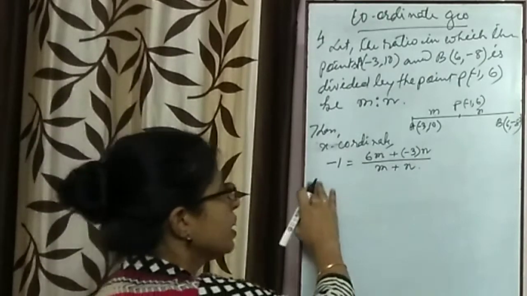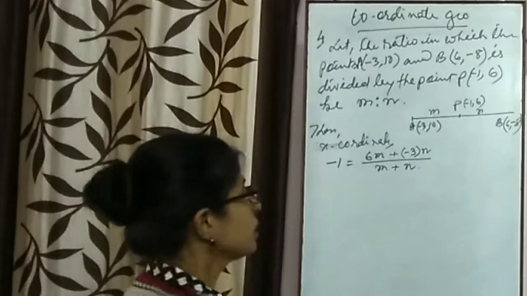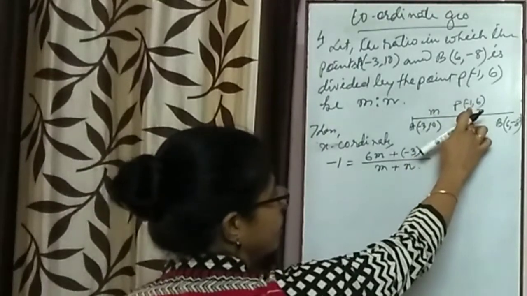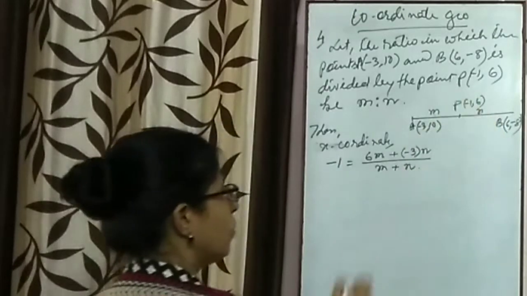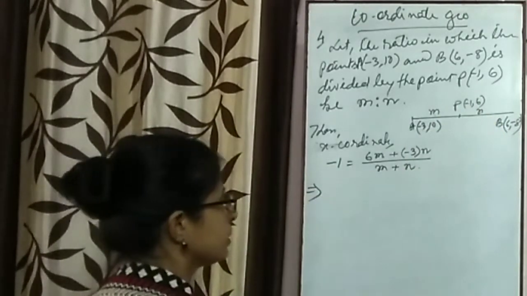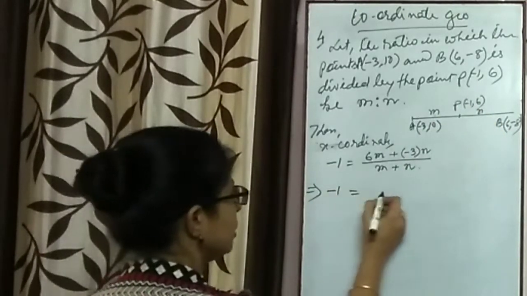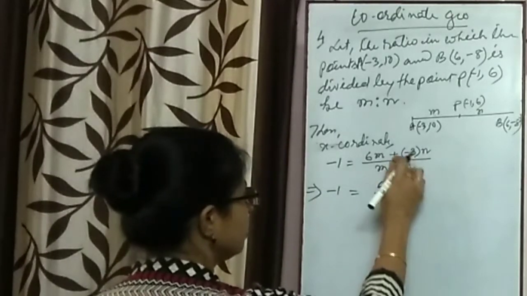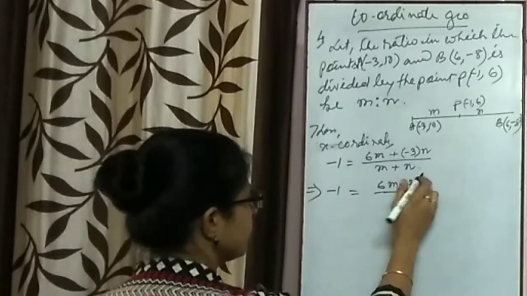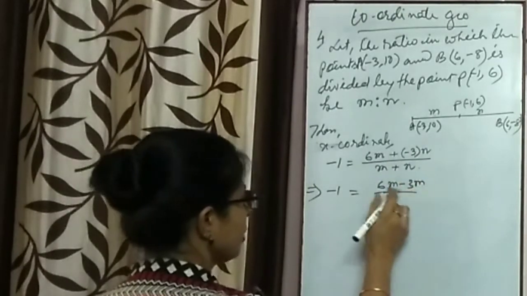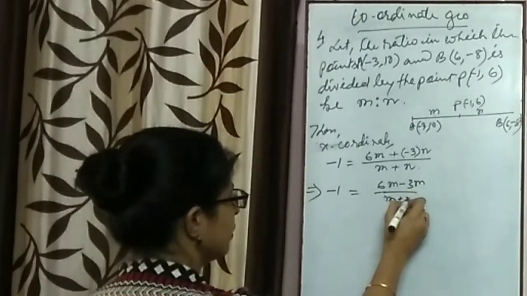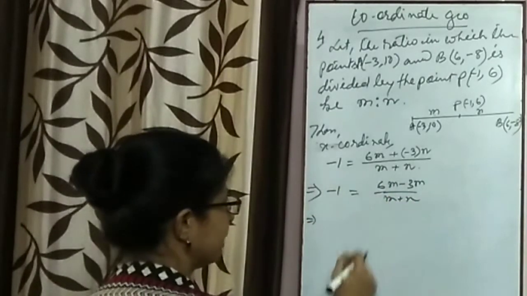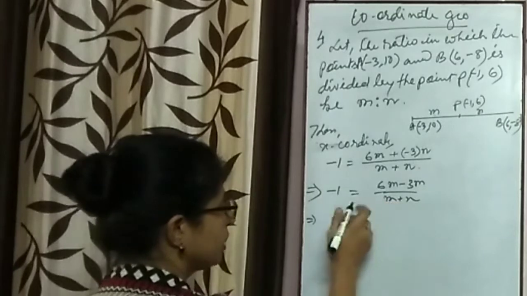Now we are not to do both the coordinates, any one by taking we will solve the problem. Either you can take the x coordinate or y coordinate, because it will come as an equation only. Minus 1, here it is 6m minus 3n. I could have done this in a simple way also, directly by cross multiplication.